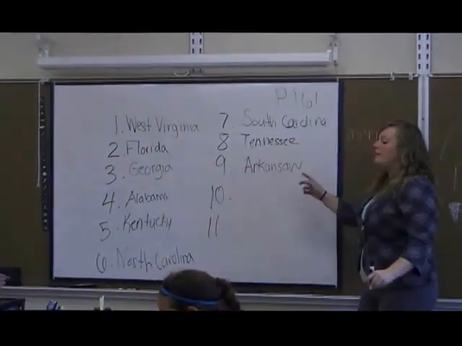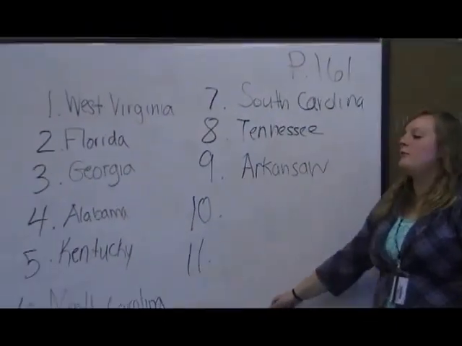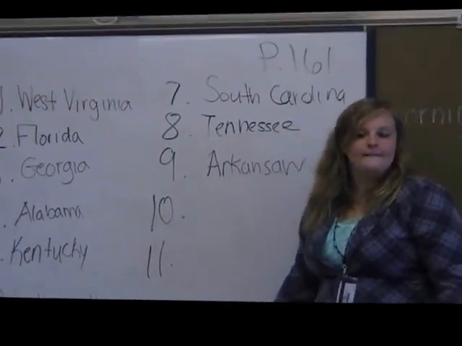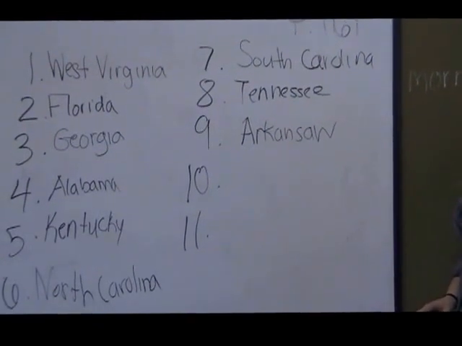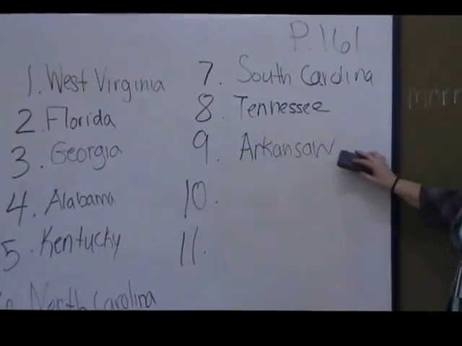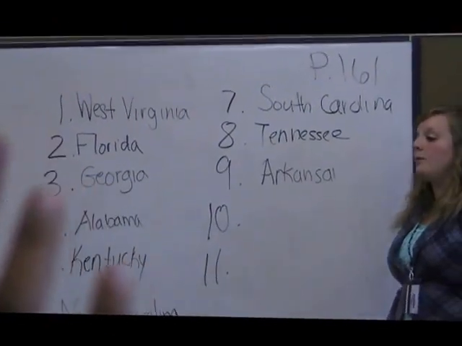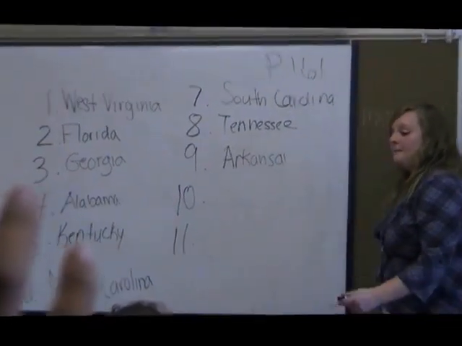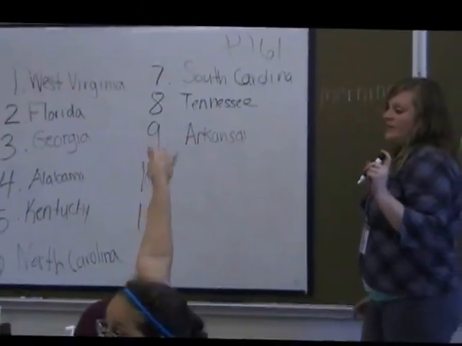Is this how you spell Arkansas? No. What did I do wrong? Dean? You put a W. What should it be? You're right. It shouldn't be a W. What should it be? Need someone to help you out?